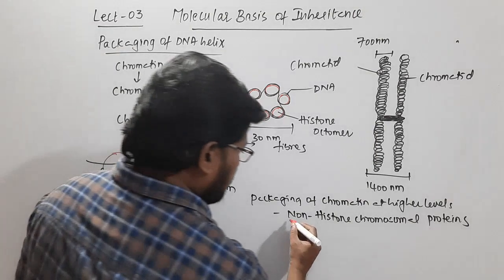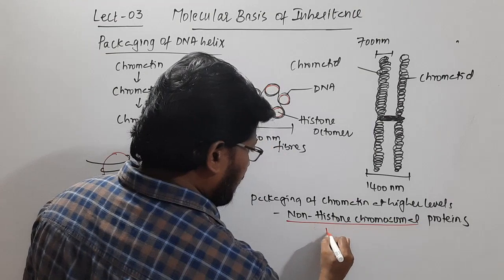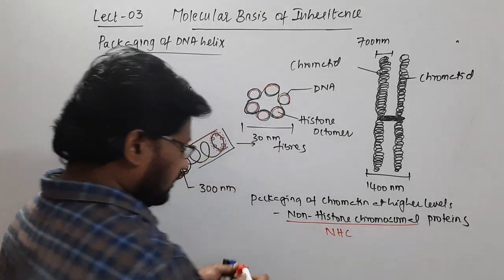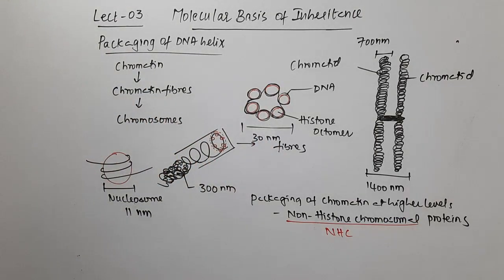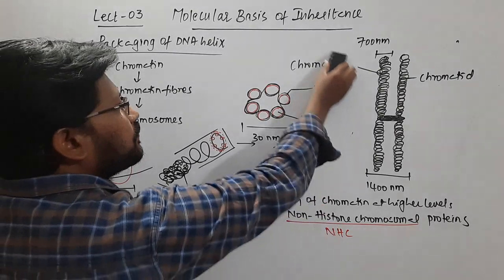So in short I call this NHC, right? So non-histone chromosomal proteins are required to pack the chromatin at higher levels, right? Now I hope it's clear.